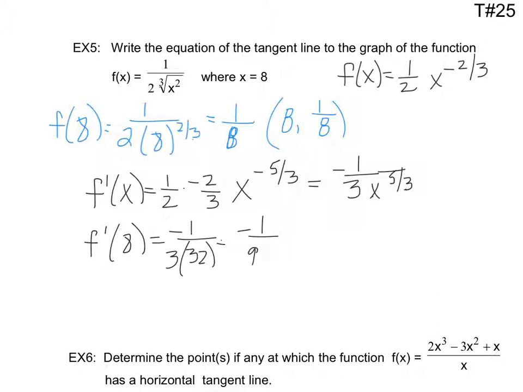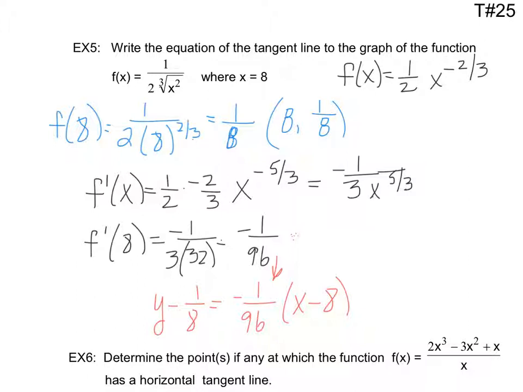What is that, 96? So my answer, again, it's asking for tangent line: y minus 1/8 is equal to negative 1 over 96, x minus 8. Remember, if it does ask for the normal line, I would do all the same work, but I would have chosen a slope of positive 96 right there.